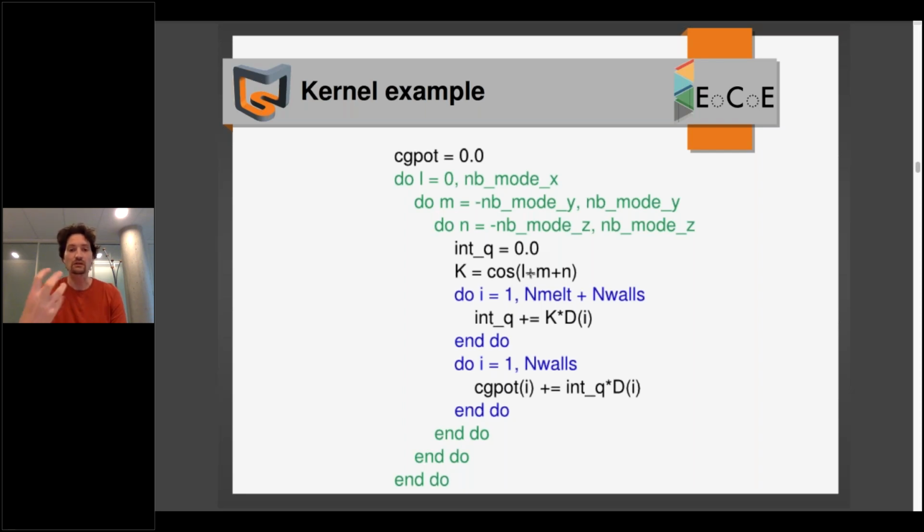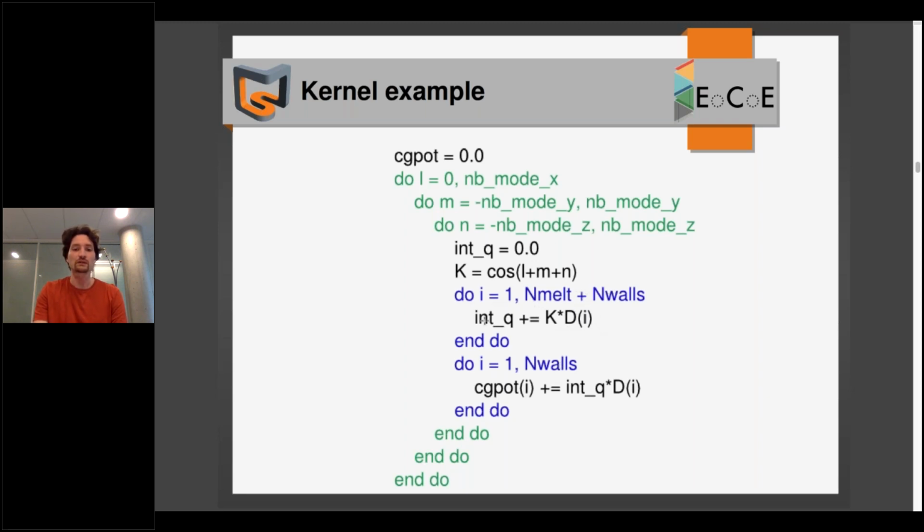The computations here are nonsense, but the kernel structure is still relevant compared to what is done in MetalWalls. So we have something that depends on the mode you are considering, and for all the atoms of our system, melt for the ionic liquid, walls for the electrodes, we compute some things times D of a, for example the position, something that depends on the atom you are considering.